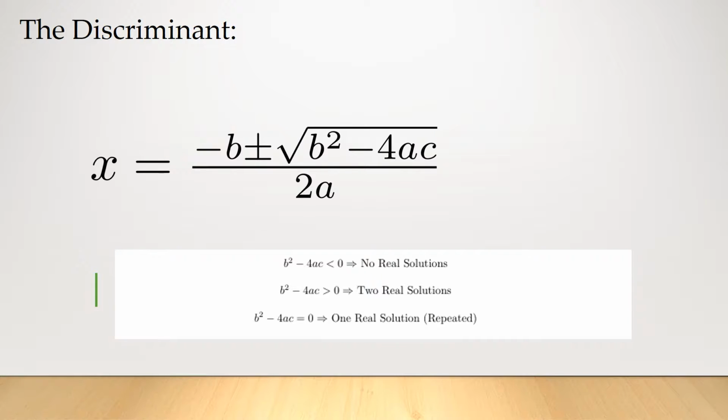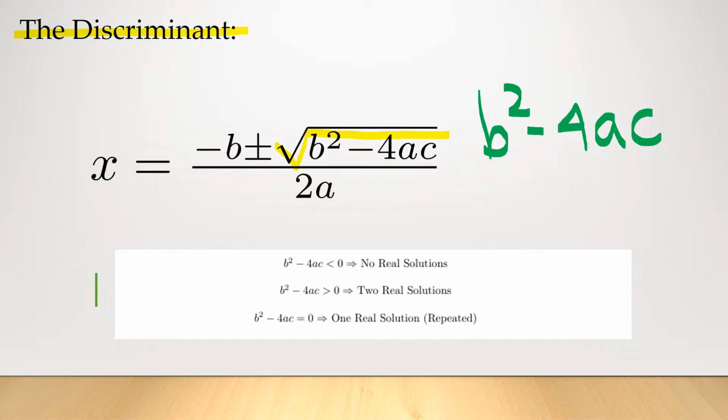Also, we're going to be discussing the discriminant. The discriminant, what the heck is that, you might be asking? The discriminant is simply what's under the radical in the quadratic formula, which is b squared minus 4ac.